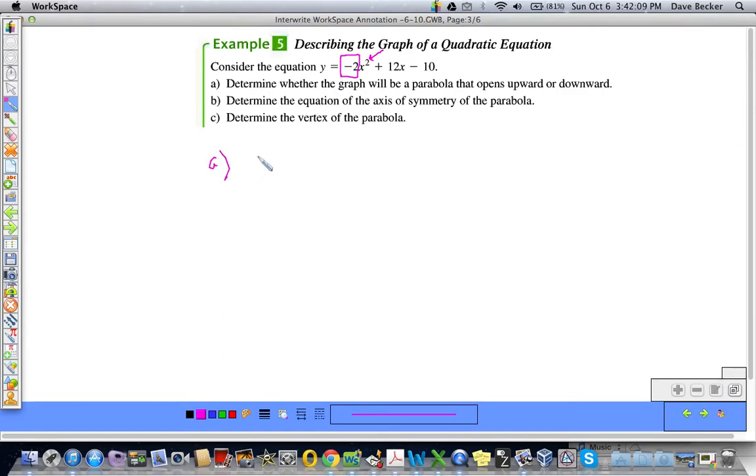If the coefficient is positive, then it opens up. And if it's negative, it opens down. So since this is negative, this parabola is going to open downward.